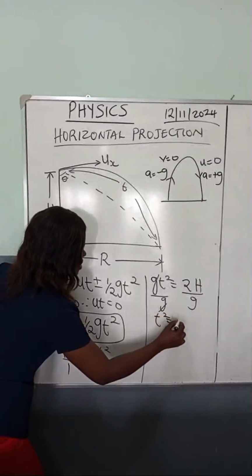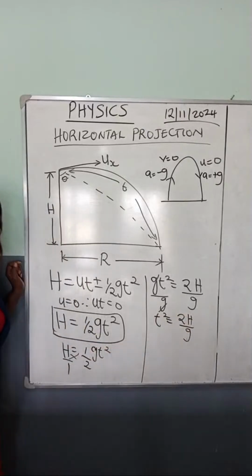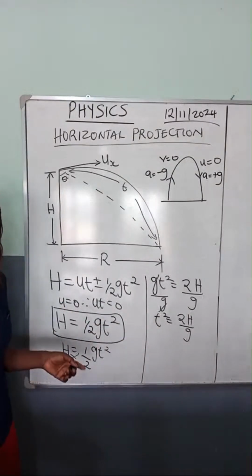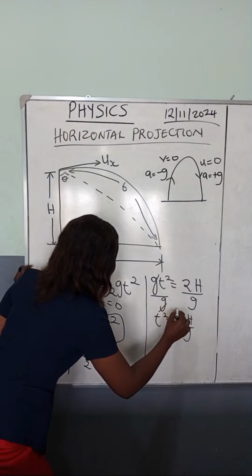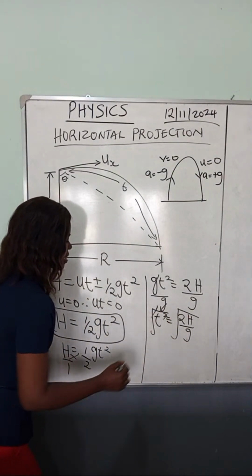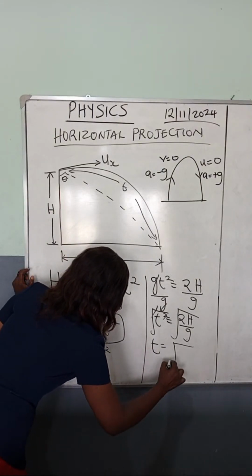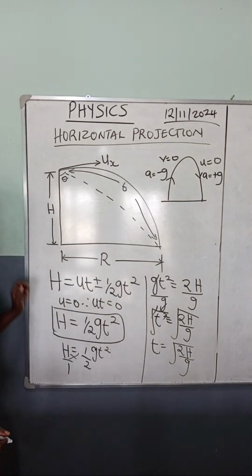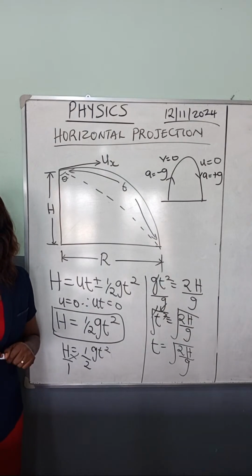So my t squared is equal to 2h over g. But because I want to make t the subject, I'm going to take the root of both sides. If I take the roots of both sides, I'm going to cancel this. So t is equal to root of 2h over g. So this is the formula for time under horizontal projection.